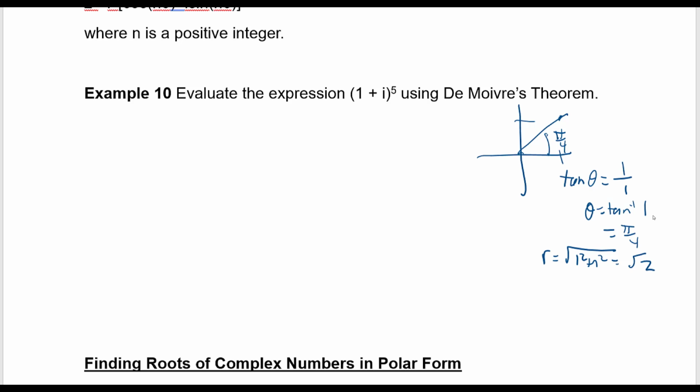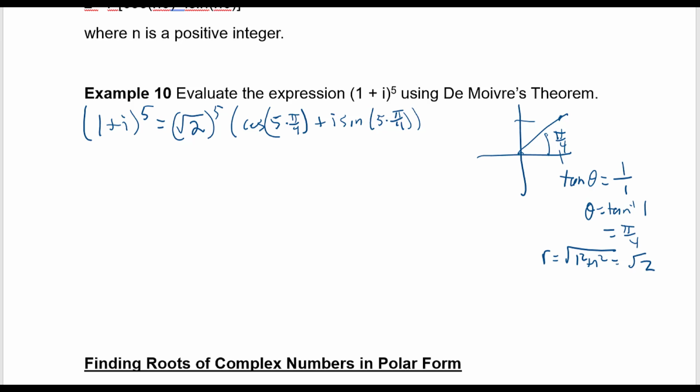So our complex form for this, 1 plus i to the fifth power, is going to be the square root of 2 to the fifth power times cosine of 5 times our pi over 4, since 5 is the power, plus i sine of 5 times pi over 4.